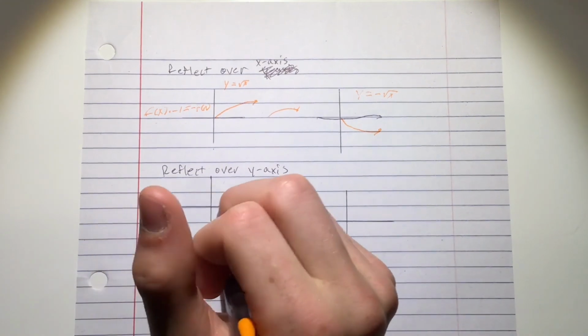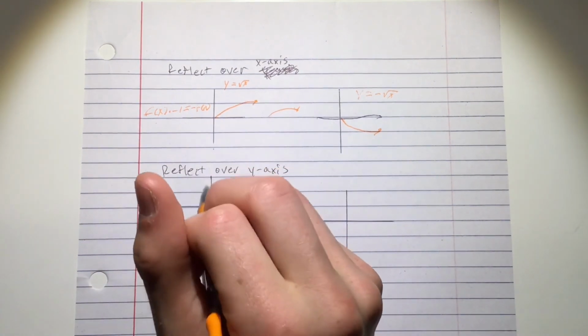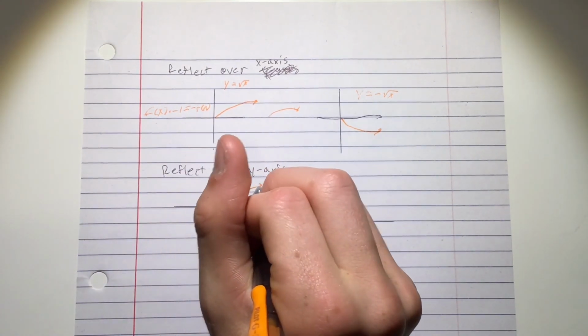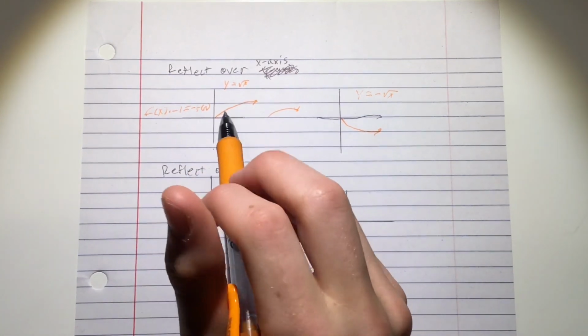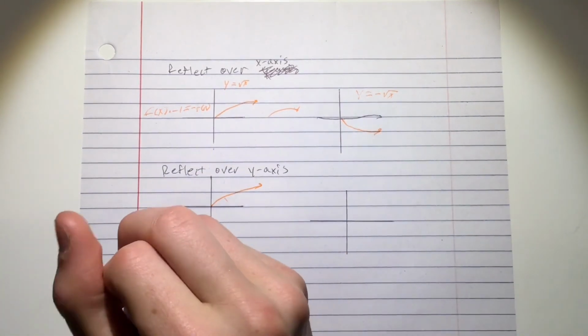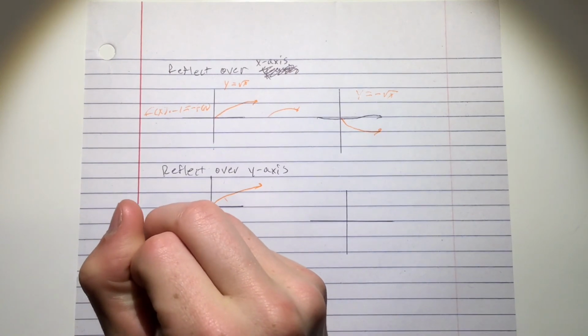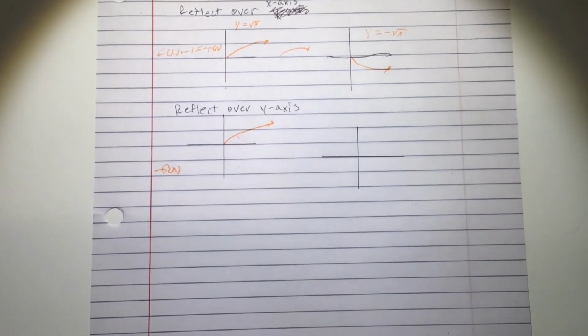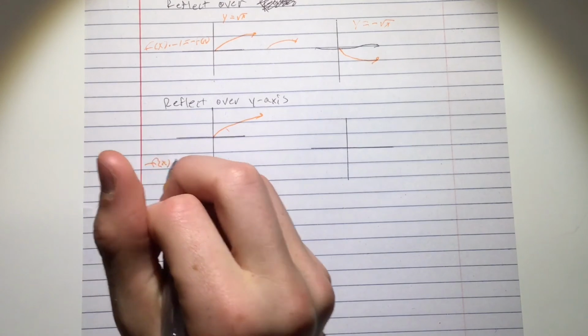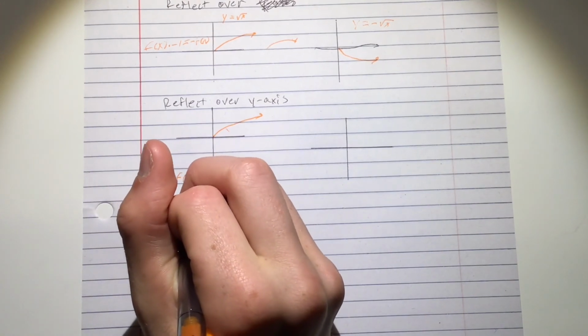And then over here, if we want to reflect over the y-axis, we'll use square root x again. Instead of multiplying by a negative outside, negative f of x, that's for the x-axis reflection. Here we take the function and go f of negative x.